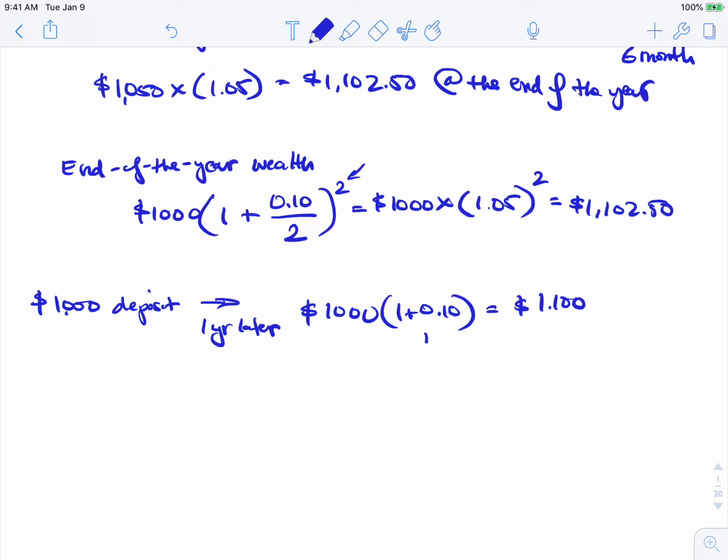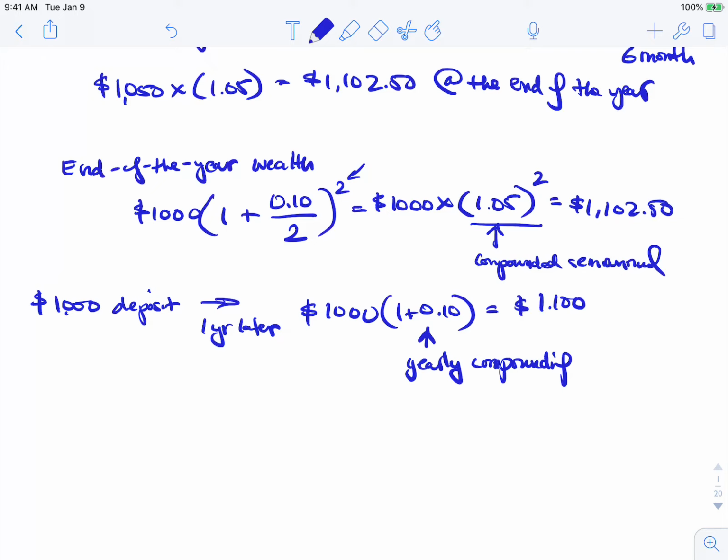So this is with yearly compounding, while this is compounded semi-annually.